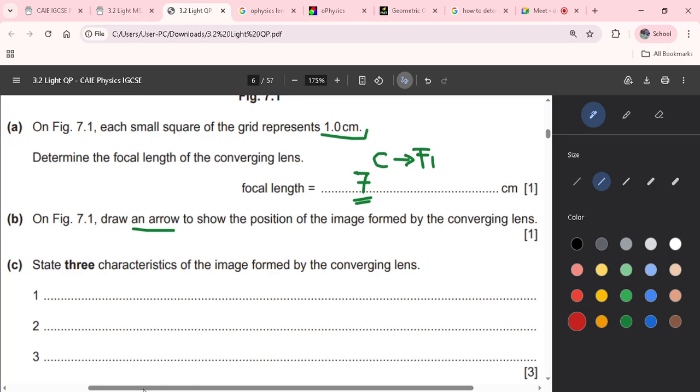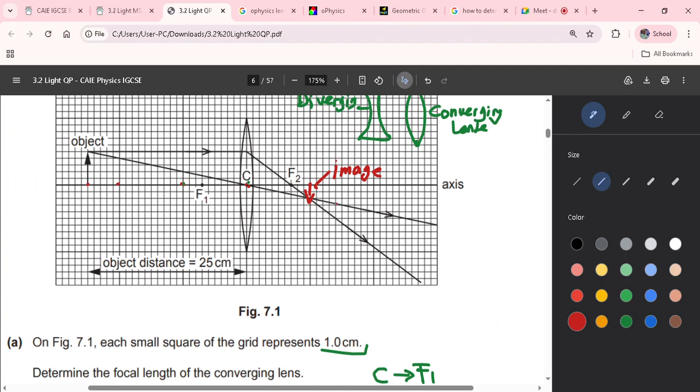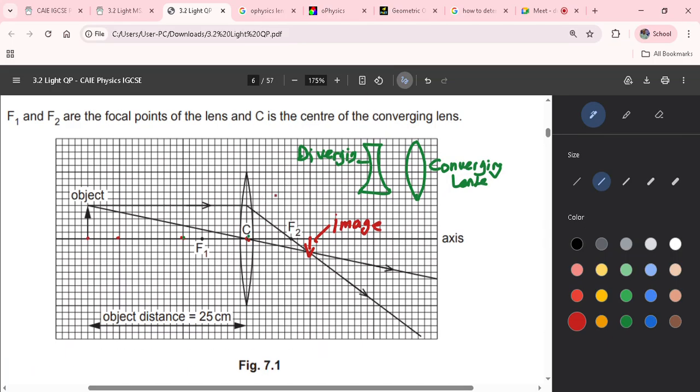Now, state three characteristics of the image formed by the converging lens. Yeah, can you mention the characteristics of this image? First, what is the characteristic? 2 and 3. Is it smaller than the object or bigger?